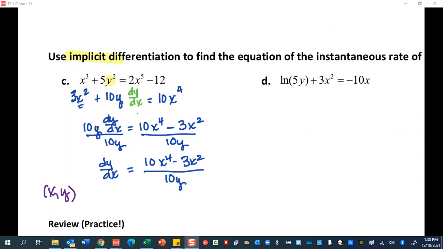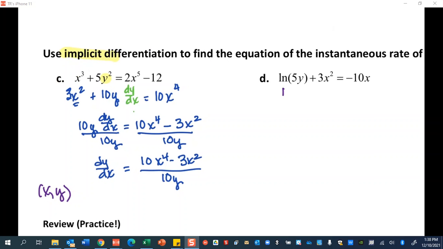Next step. When I'm taking the derivative of the natural log, I'm going to just go ahead and put 1 over what it is I'm taking the natural log of. This is a chain rule, though, because here I have this inside value.